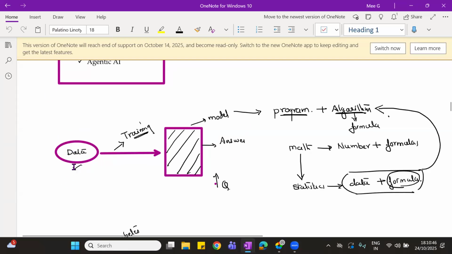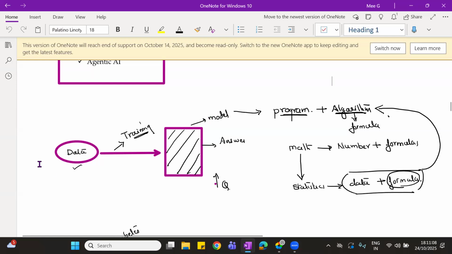This data should be in pure form without any errors. That data we are going to give to a model. What is a model? A model is nothing but a program based on an algorithm. And this algorithm is nothing but a statistical formula implemented in a step-by-step process. So this is called a model.